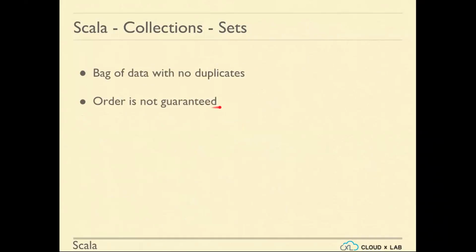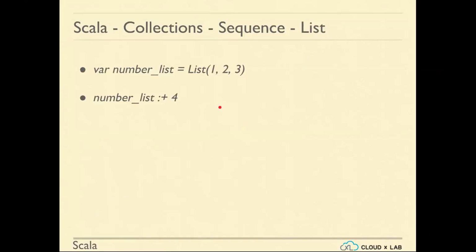All right. Now, we were discussing the list yesterday, and after that we started with sets. Sets is a bag of data with no duplicates. So sets is like a list, but you cannot keep duplicate elements in the sets.